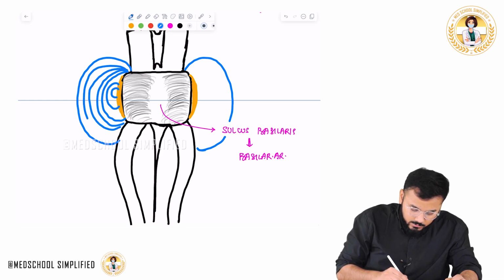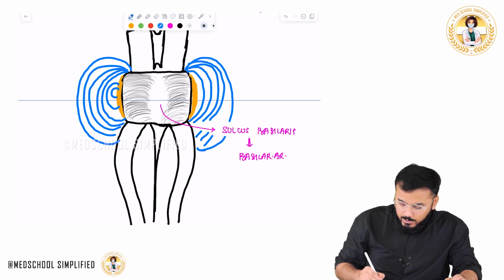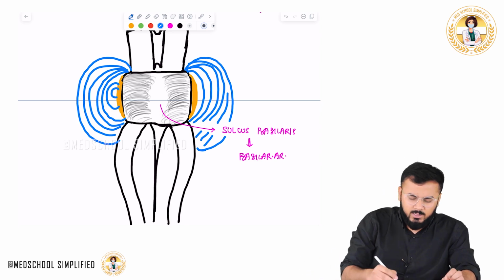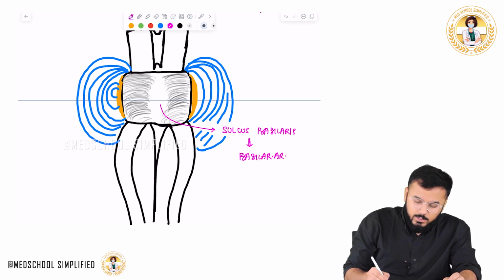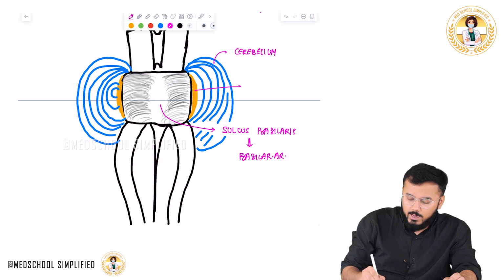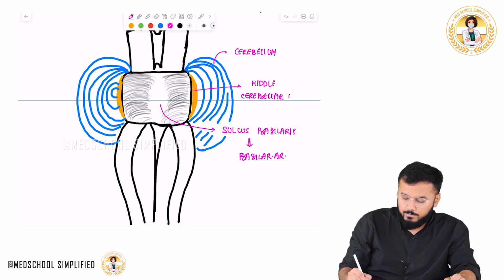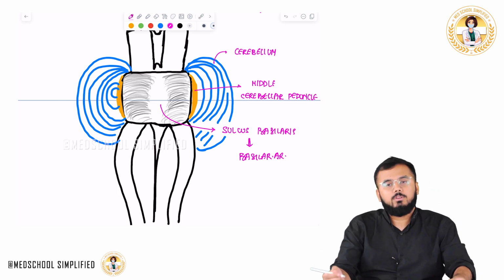All of you know that the cerebellum is located behind. And this particular structure is called your middle cerebellar peduncle.